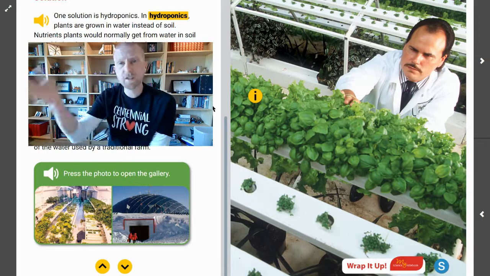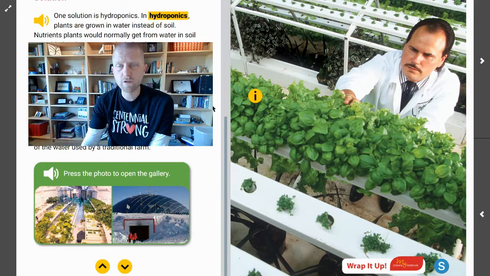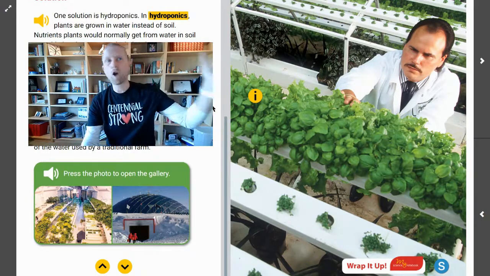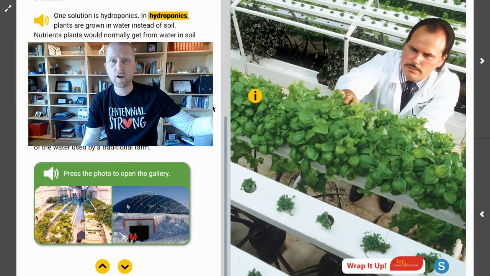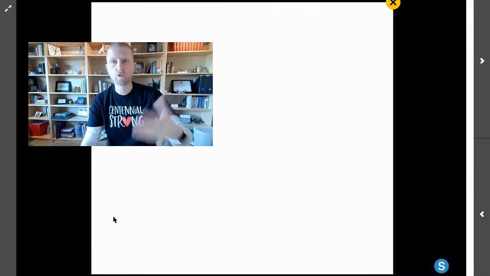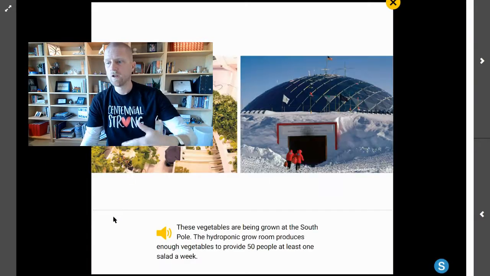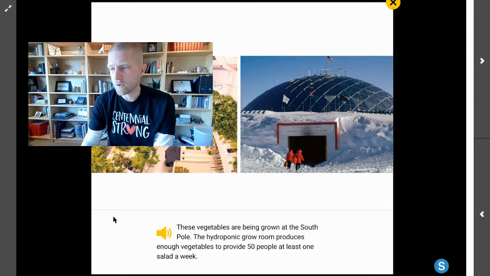So when we look at the situation where there's a drought and there would not be enough water, or if we're saying, how are plants going to be grown in an Arctic or a cold environment? The answer is greenhouses. So these vegetables are being grown at the South Pole.